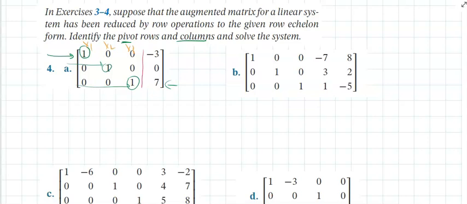This is the part that's not going to leave us alone. Once you have a pivot in a column, automatically the first row doesn't count anymore. For you to have another pivot, it has to be in the second and in the third. So this has 3 pivots in the columns, 3 pivots in the rows. If that's the case and it's 3 variables, then automatically you'll say x3 equals 7, x2 equals 0, and x1 equals -3.